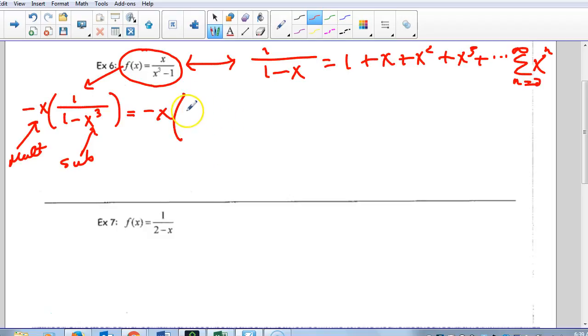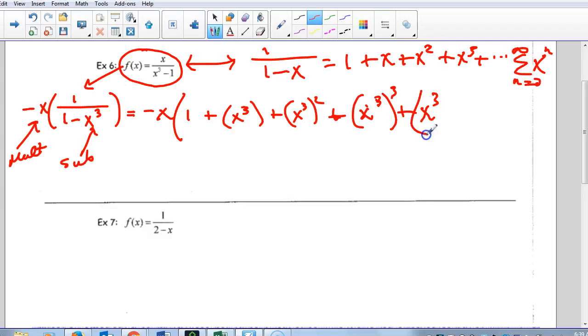So this becomes 1 plus x cubed, and I'm using parentheses so you can see what's going on when I square it, plus x cubed squared, plus x cubed to the third, plus x cubed to the fourth, plus blah, blah, blah. Remember, I'm multiplying through by negative x. I've got the sum, substituting x cubed instead of x to the n, going from 0 to infinity.